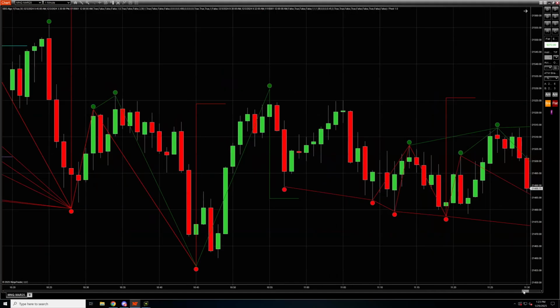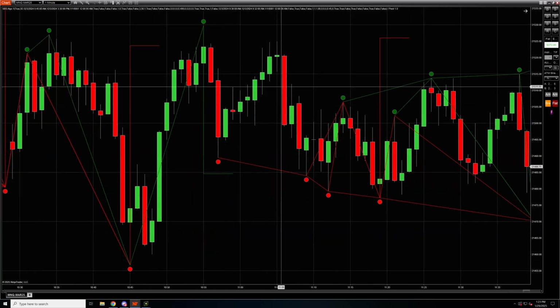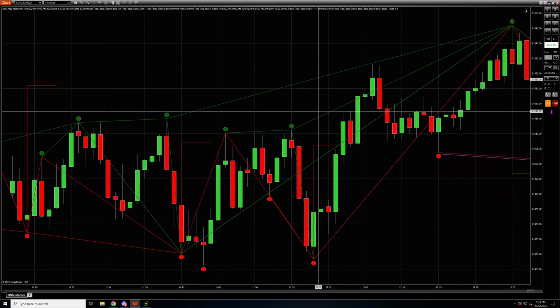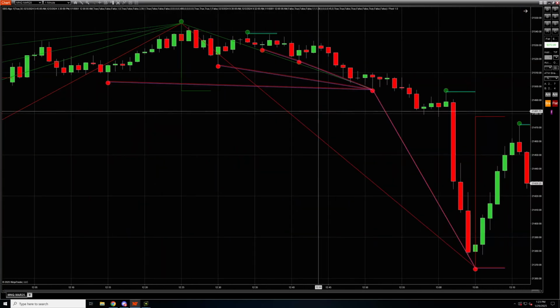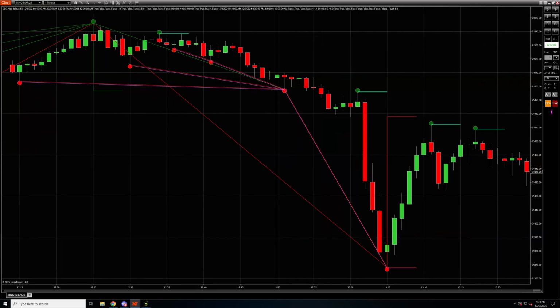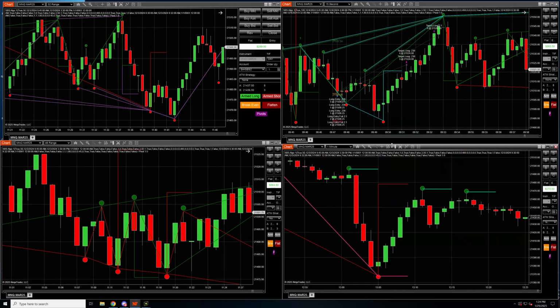So not too bad. Then obviously, if you kept it enabled, you could see the pivots. There's some other potential shorts over here, all over the place, right? So they form all the time. Doesn't mean you have to use them, but they're a good tool. So yeah, that's pretty much the software though.